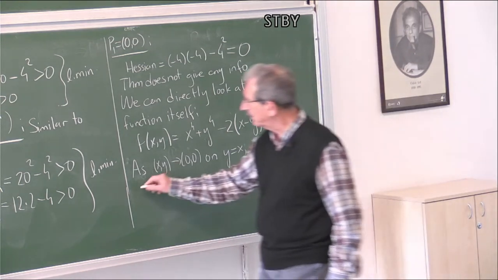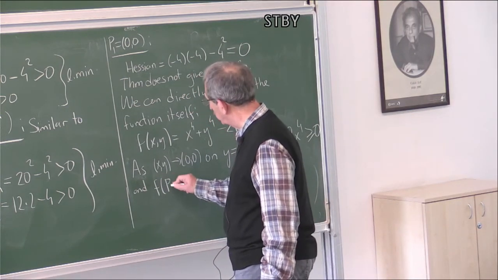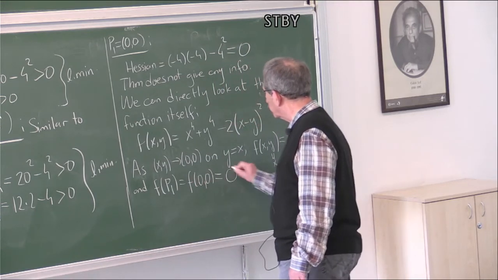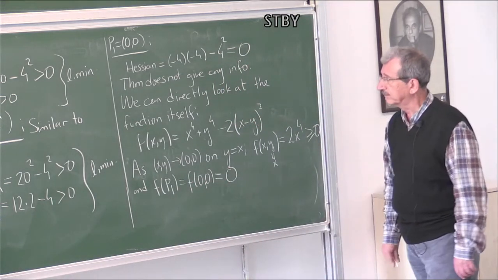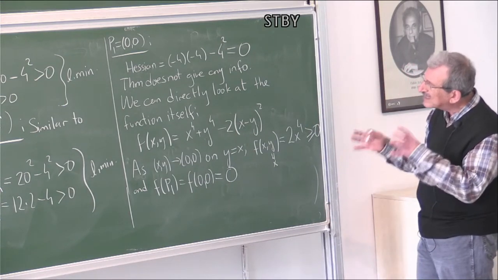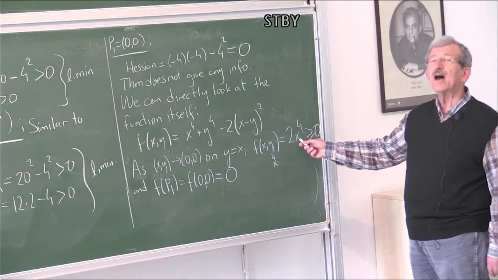And f at P0, or P1, is of course 0. Put zeros here. Well, which means that on this line, f(0, 0) is smaller than any other value.